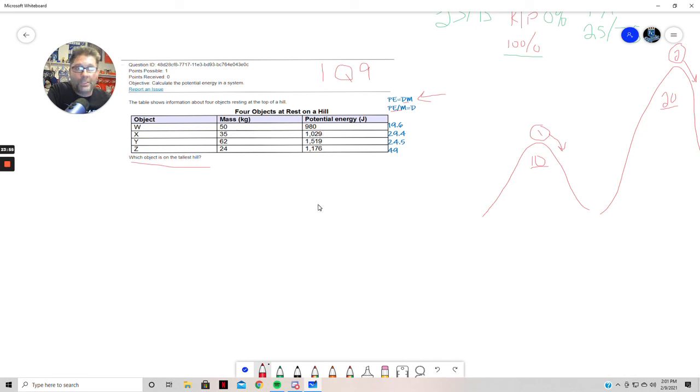You wanted to find distance. If we didn't know the mass, say they gave us the distance and we wanted to know mass, then it'd be the same thing, except now we're switching the D and the M around: potential energy divided by the distance traveled would equal the mass.